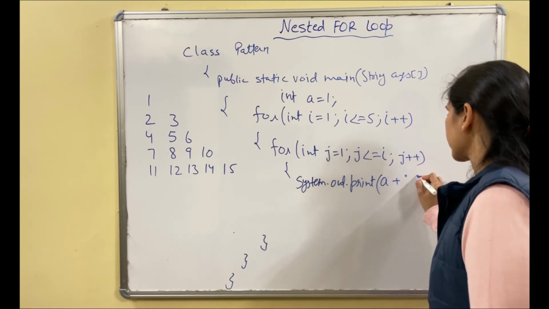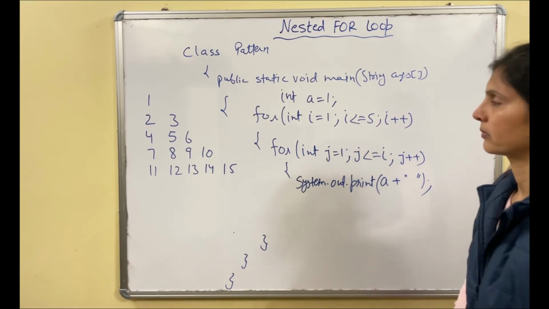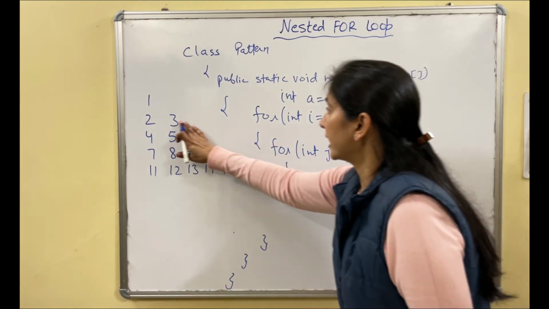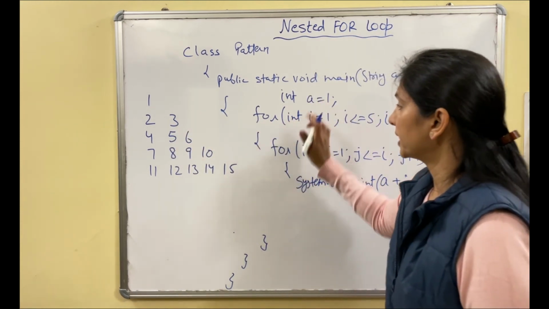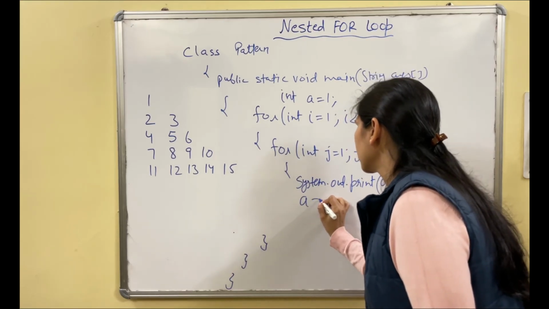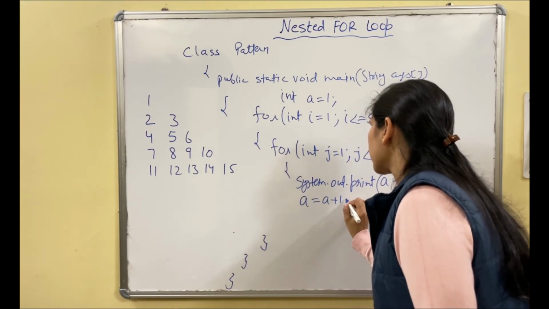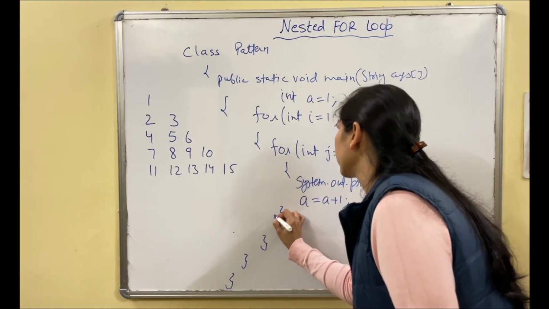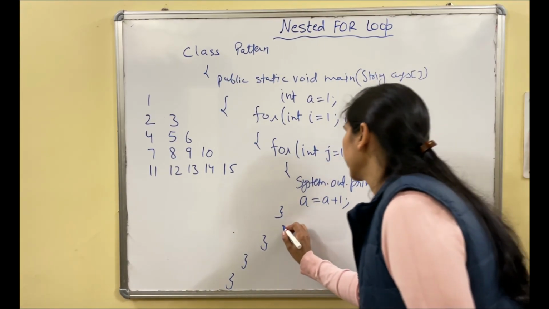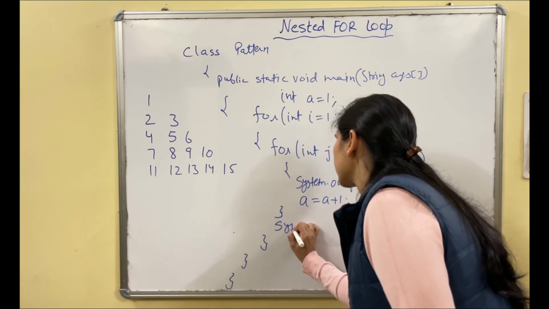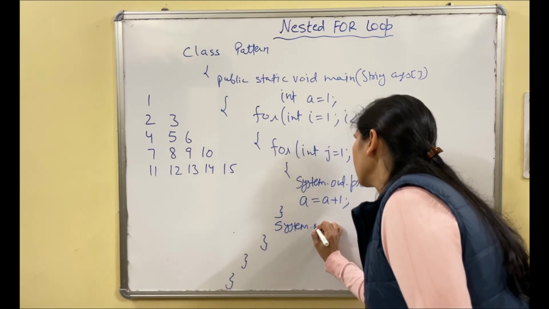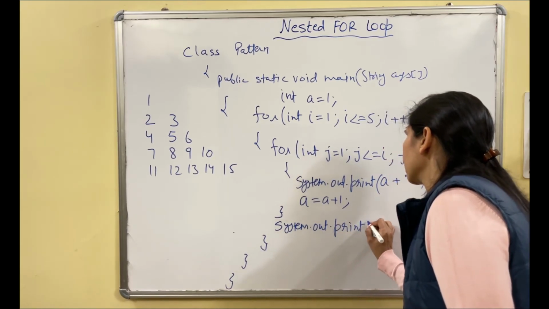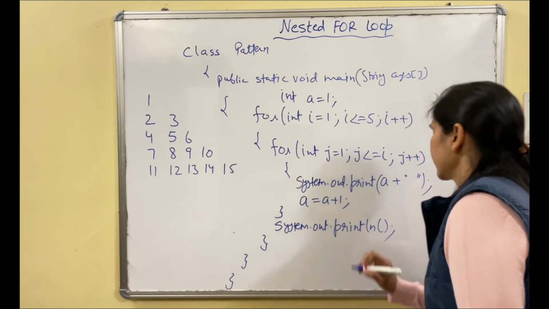Then with one space, right? Then we have to keep on increasing the value of a by 1. a equals a plus 1, right? And then the inner loop will be closed, and then we will write System.out.println to bring the cursor to the next line.